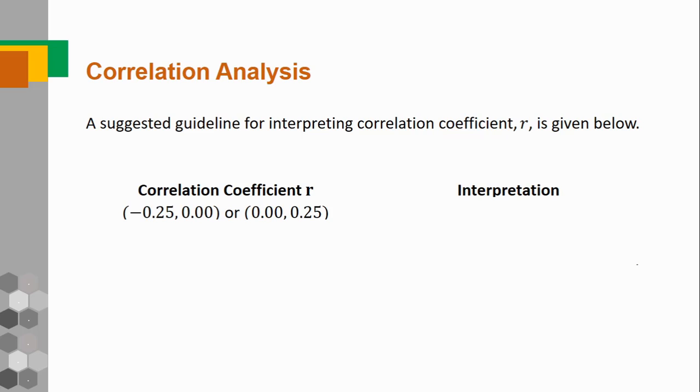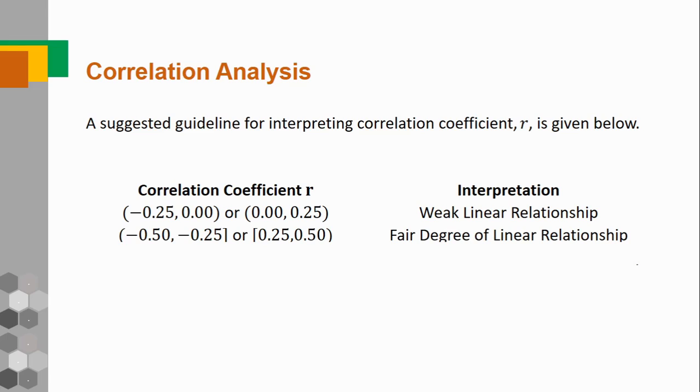So, if R is between -0.25 to 0 or 0 to positive 0.25, x and y have a weak linear relationship. And if R falls between -0.5 to -0.25 or 0.25 to positive 0.5, x and y have a fair degree of linear relationship.